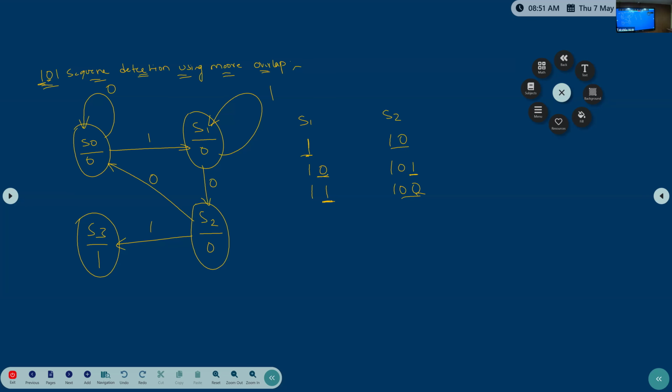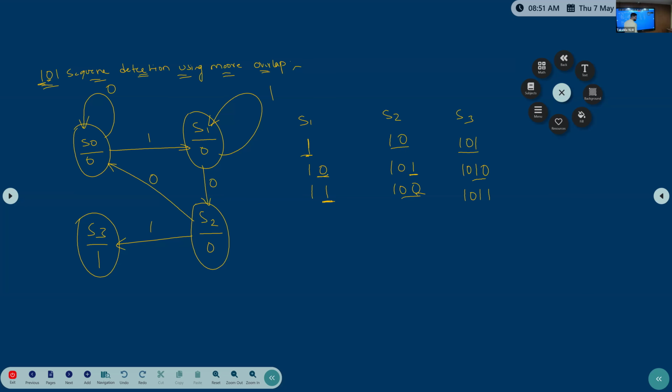Now at S3, what we already detected is 1 0 1, which means output is generated as 1. Clear? After this 1 0 1, we can get 0 or we can get 1. Previously we compared only the last one bit. Now it's not like that. Now we need to compare the last 3 bits.